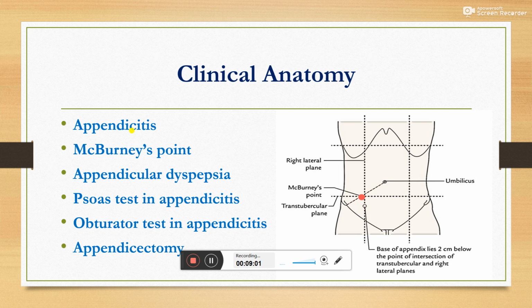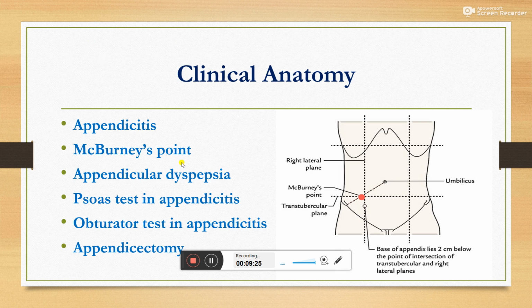The initial pain of appendicitis is referred pain and is felt in the umbilical region because both have the same segmental nerve supply, that is the T10 spinal segment. Gradually the pain is localized in the right iliac fossa. It is due to the involvement of the local parietal peritoneum.